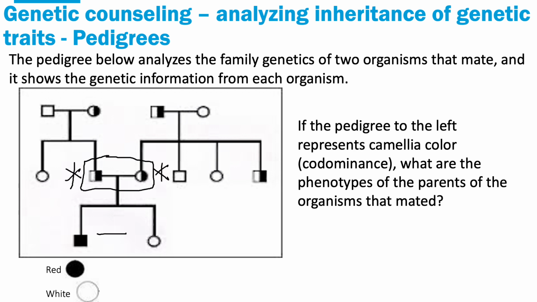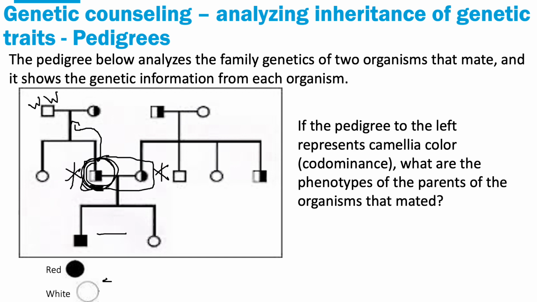So first, starting with the male, we want to know the phenotype of the parents for that particular flower. So the dad, the father for this one, was going to represent a white flower. If it's not colored in, it's white.